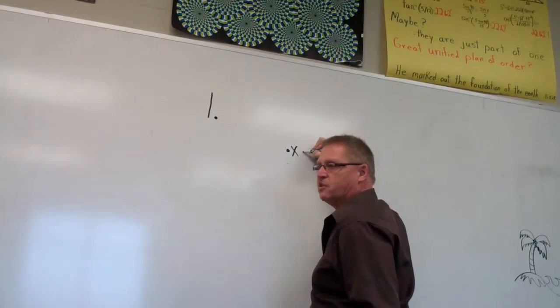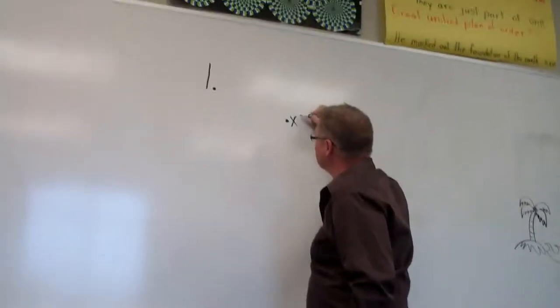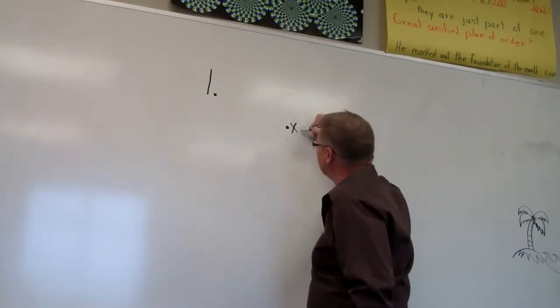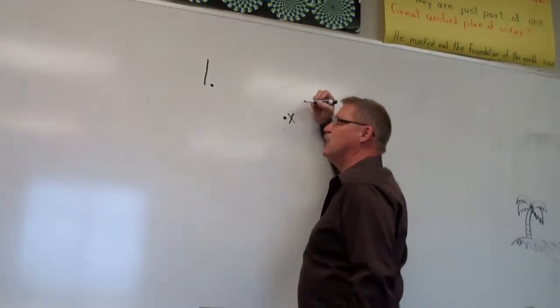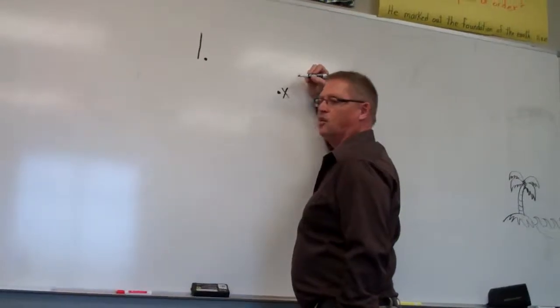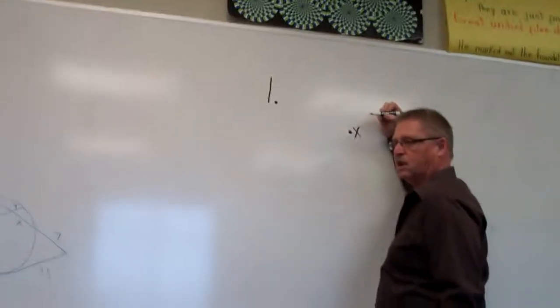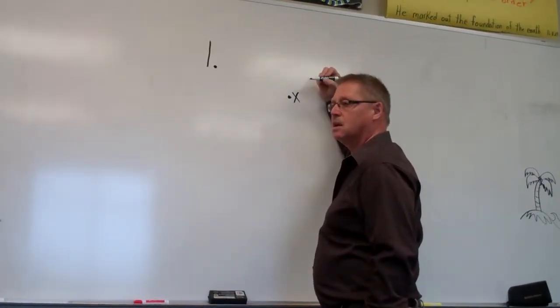Are there other spots 4 centimeters from X? Yeah, there is. Like there, and there. So, Dave Burns, if you had to describe all of them, what shape would it make? Square.